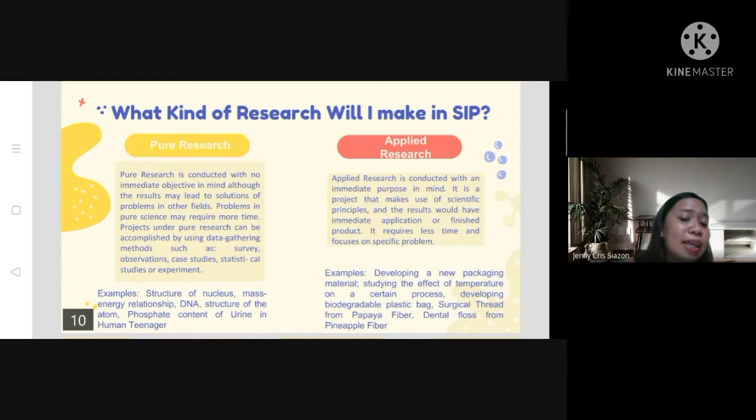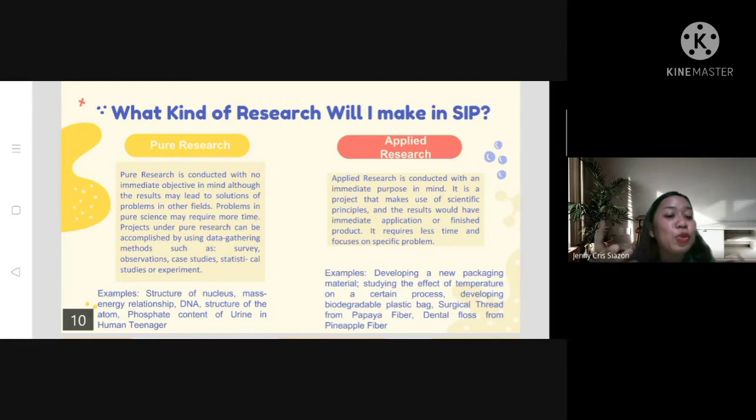Problems in pure science may require more time. Projects under pure research can be accomplished by using this kind of methods: data gathering, survey, observations, case studies, statistical studies, or experiments.